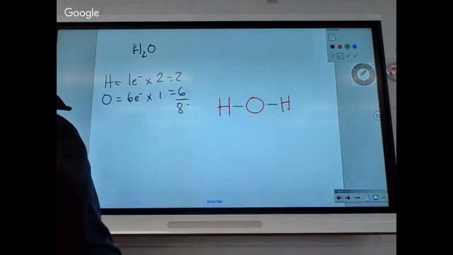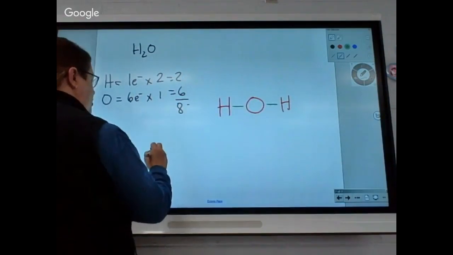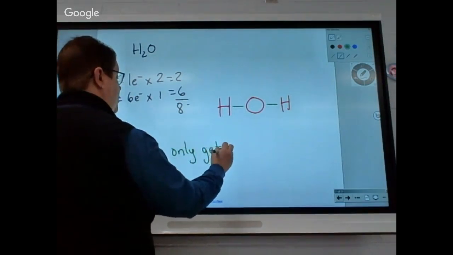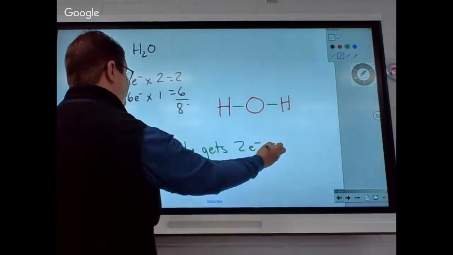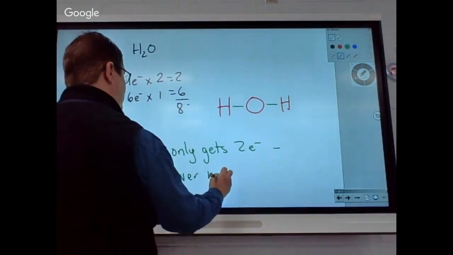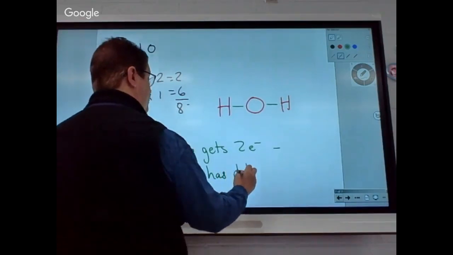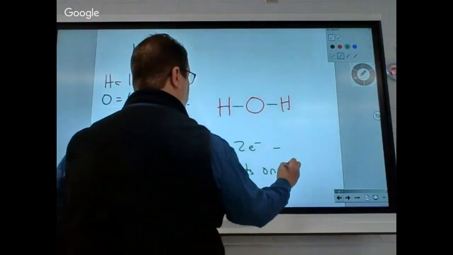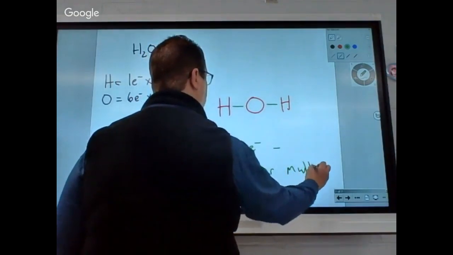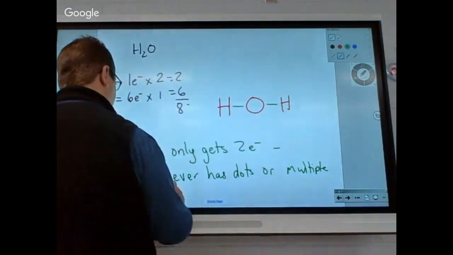Now, H is an exception. H only gets 2 electrons. It never has dots or multiple bonds.